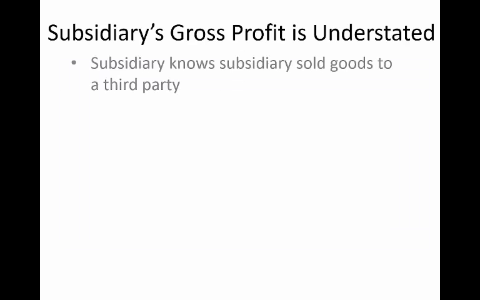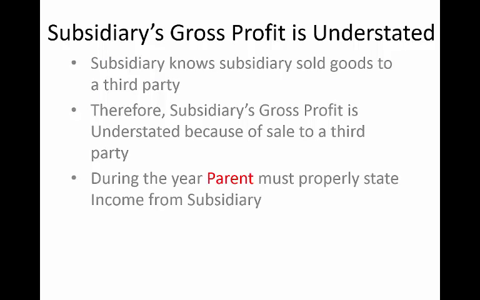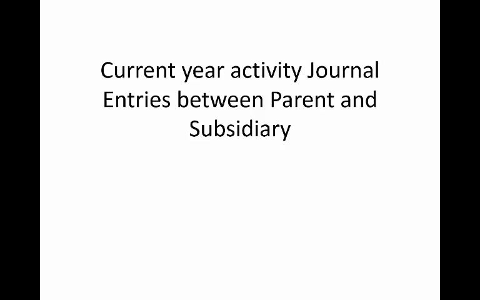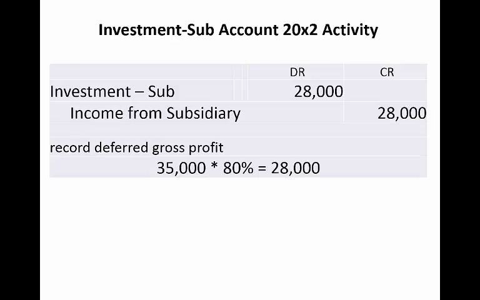Since the subsidiary's gross profit is understated, we're going to remind the parent, hey, we've got some deferred gross profit here, we need to state it properly. So we're going to end up with an equity method entry that's going to look like this. In year 1, we debited the income from sub since we postponed it. In year 2, we're going to credit the income from sub to recognize it in income.